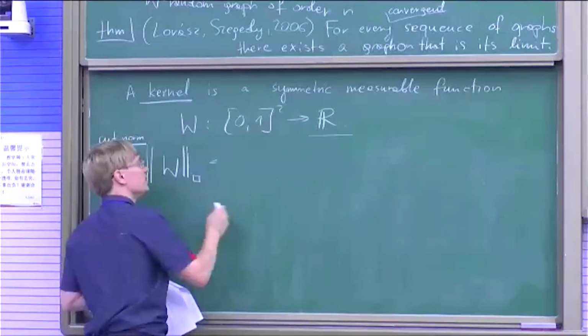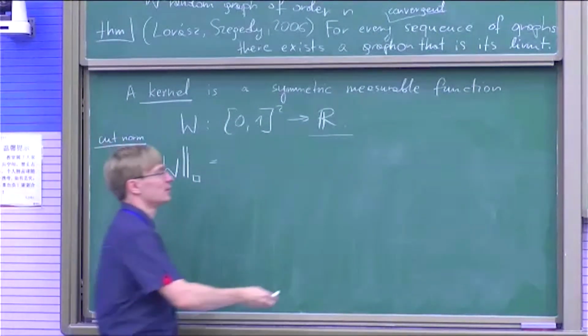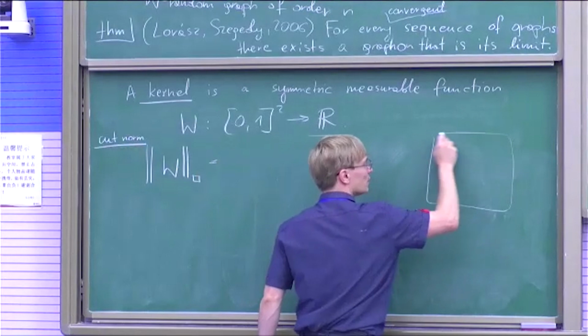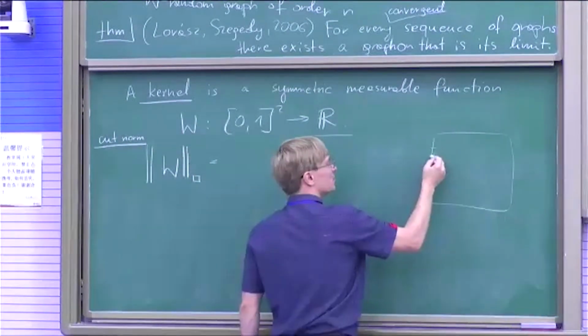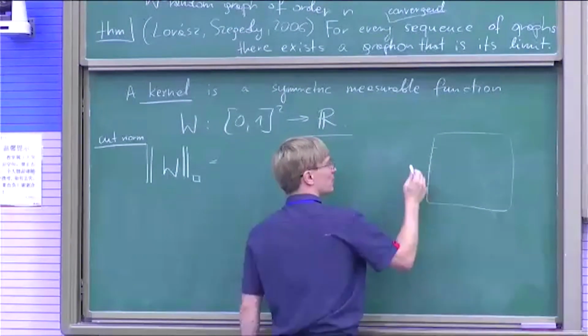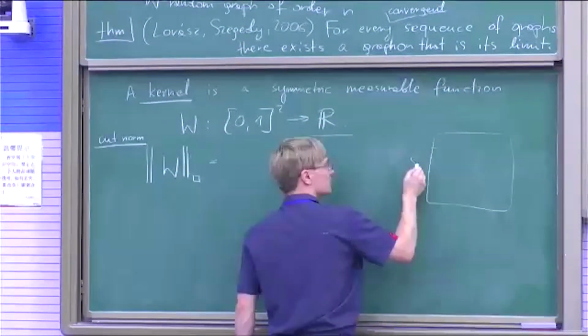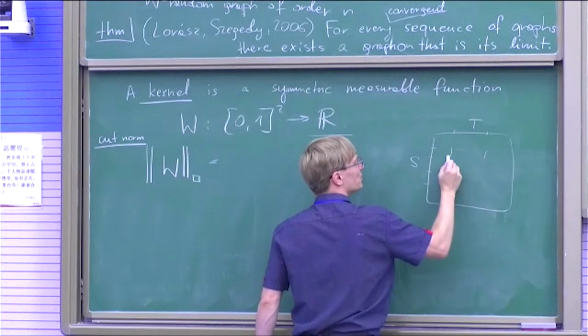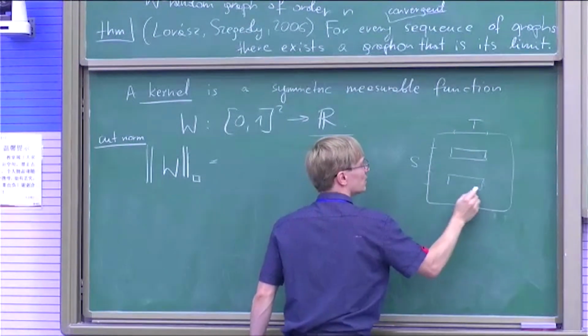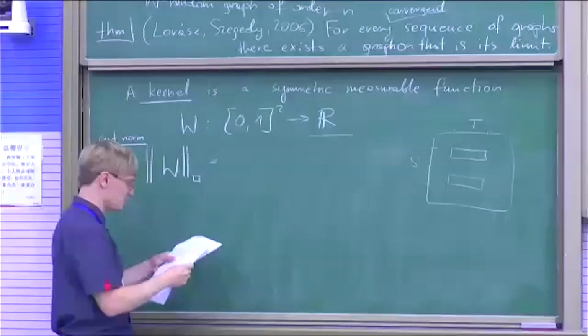Intuitively, I'm looking at a graphon or kernel, and I want to find some set of vertices so that the value on the cut is as big as possible.